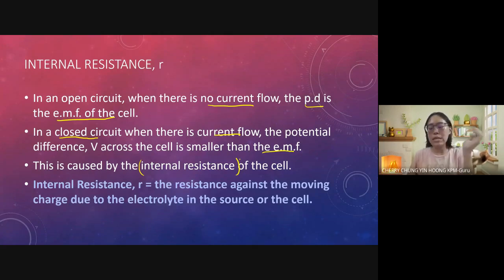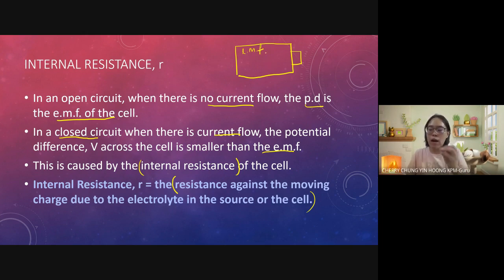So what is internal resistance? It's the resistance against the moving charge due to the electrolyte in the source or the cell. Everything we learn today is actually inside the battery. The battery has our EMF, and when you connect to a closed circuit and current flows, the reading decreases. Why? Because inside the battery there is an electrolyte which produces the internal resistance.